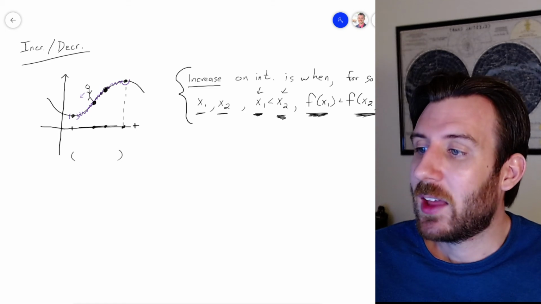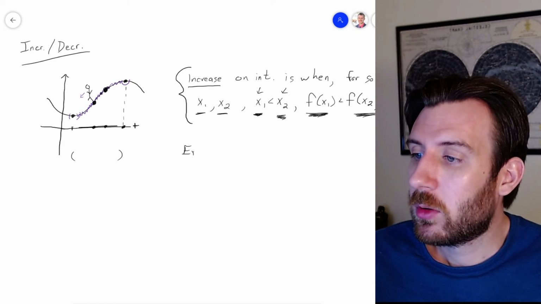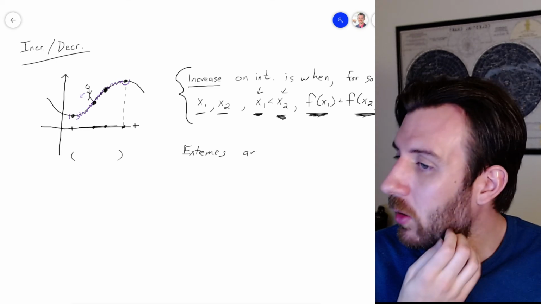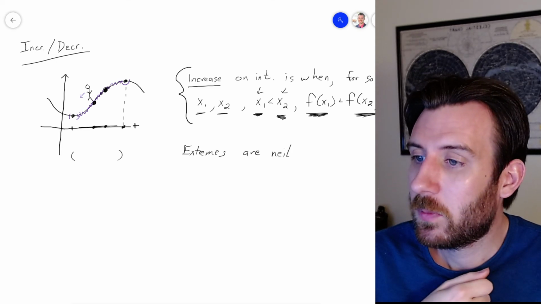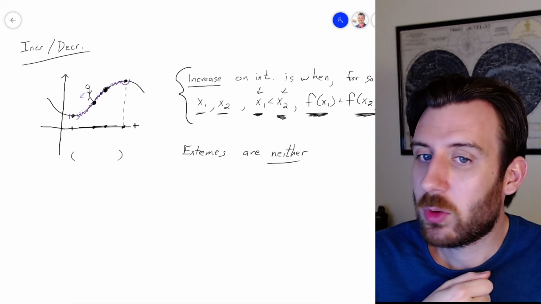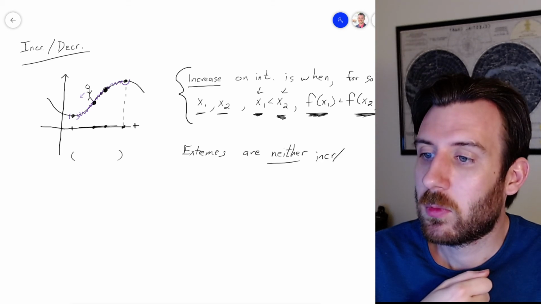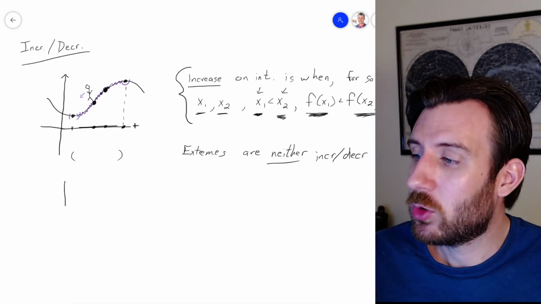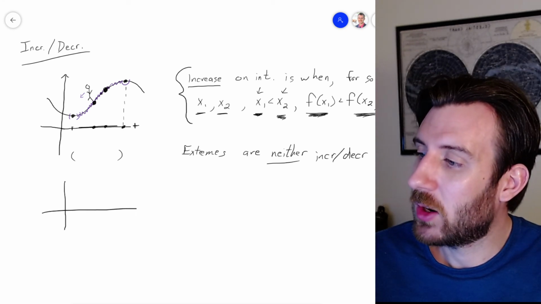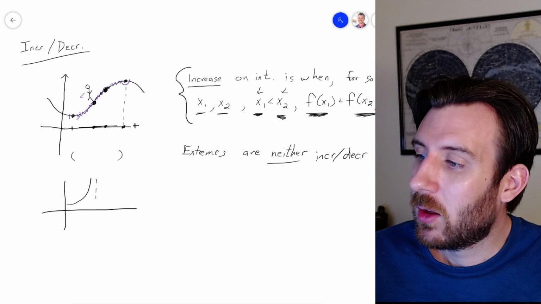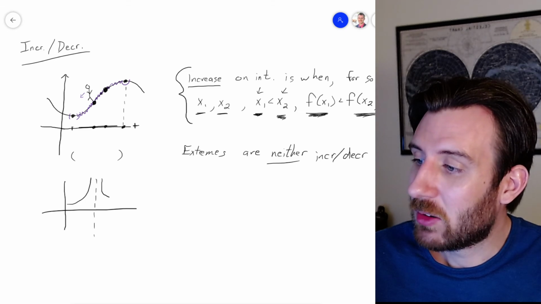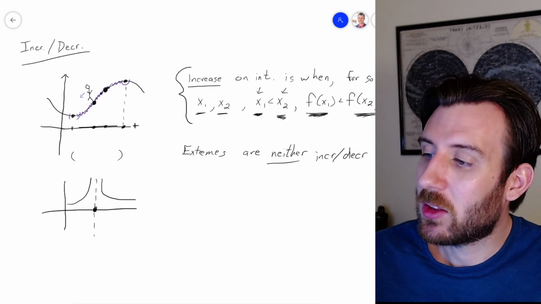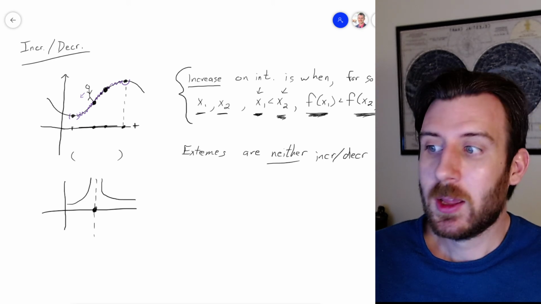So we will say that at the extremes are neither increasing or decreasing. Now, the nice thing about this definition is if you take, let's say, something that's a very crazy looking hill, maybe with an asymptote in the middle, a zero division error in the middle, and you say, well, what is happening at the graph right here at this problem?